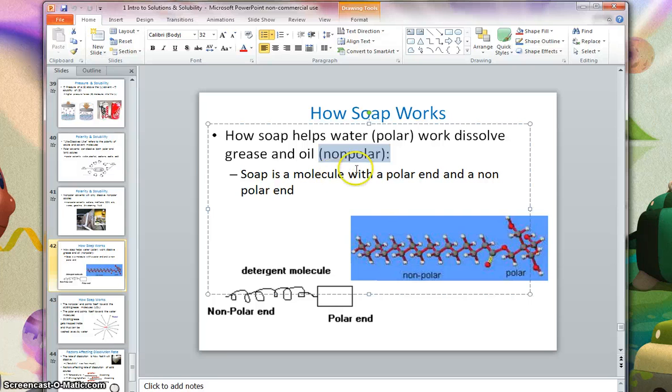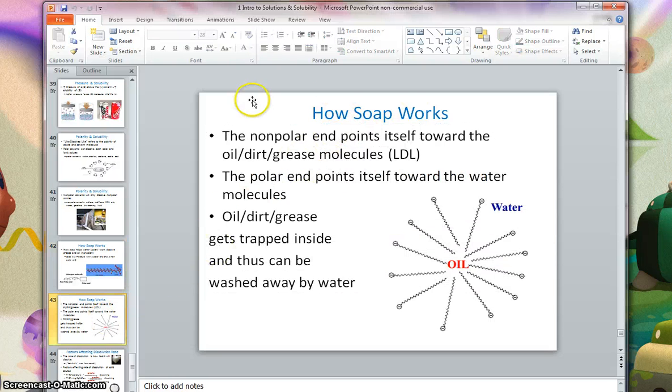So soap has one side that is polar and one side that's nonpolar. The nonpolar side will attract all the grease and oil, while the polar side attracts the water. Because of that, the soap can trap all the oil inside the nonpolar side, and then the outside will dissolve in water. Hence, all the oils and dirt get washed out.